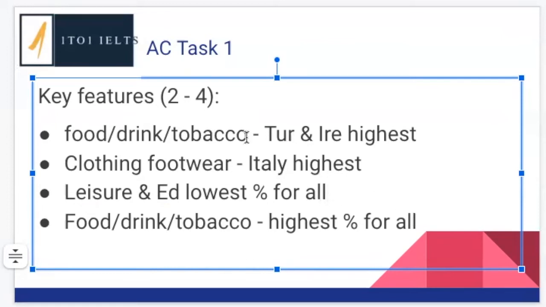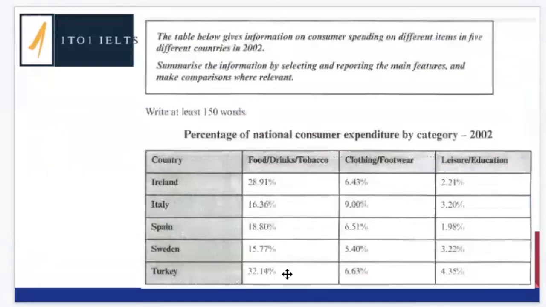4 is absolutely fine. So we've picked out the numbers where they're quite a lot bigger, so we can see individually, like Ireland, Turkey, definitely the most food, drinks, tobacco. Italy, quite substantially, spends a bit more on clothing and footwear, and then leisure and education has much lower percentages.